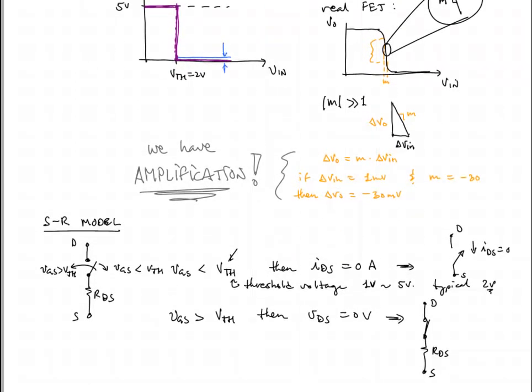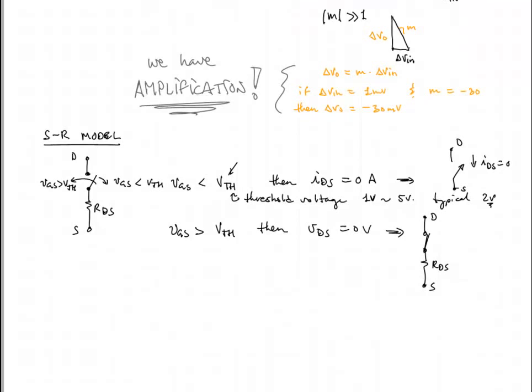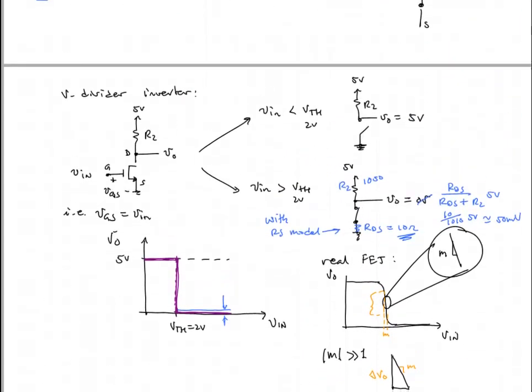And lastly, we went back to our S model and augmented it by adding a series resistance, RDS, and we looked at how that would affect the transfer characteristic of our logic inverter, and found that it would just simply change what the output voltage was when it was putting out a logic low, from exactly 0 up to something greater than 0.